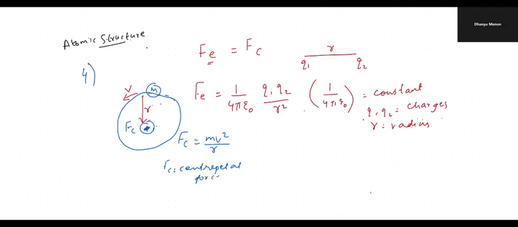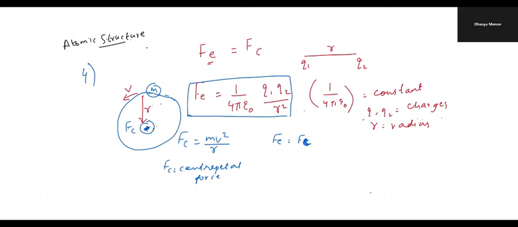Now we just saw that as electrostatic force is converted into the centripetal force, okay, so Fe is converted into Fc. In this case, this is the electrostatic force of attraction.